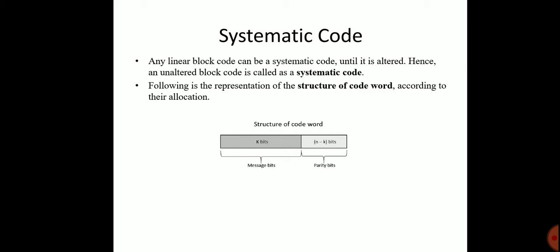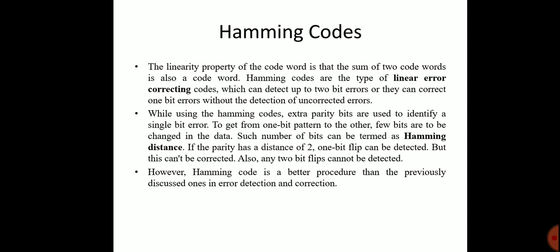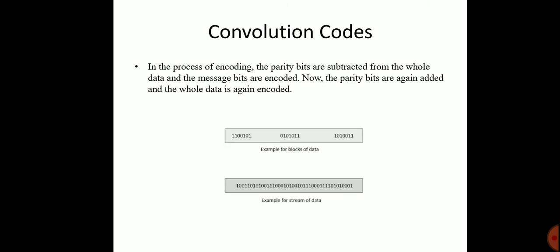Now we have to discuss the convolutional code. In the process of encoding, the parity bits are subtracted from the whole data and the message bits are encoded. Then the parity bits are added again and the whole data is encoded again. In a convolutional encoder, three registers are used, that is x1, x2, x3 registers.